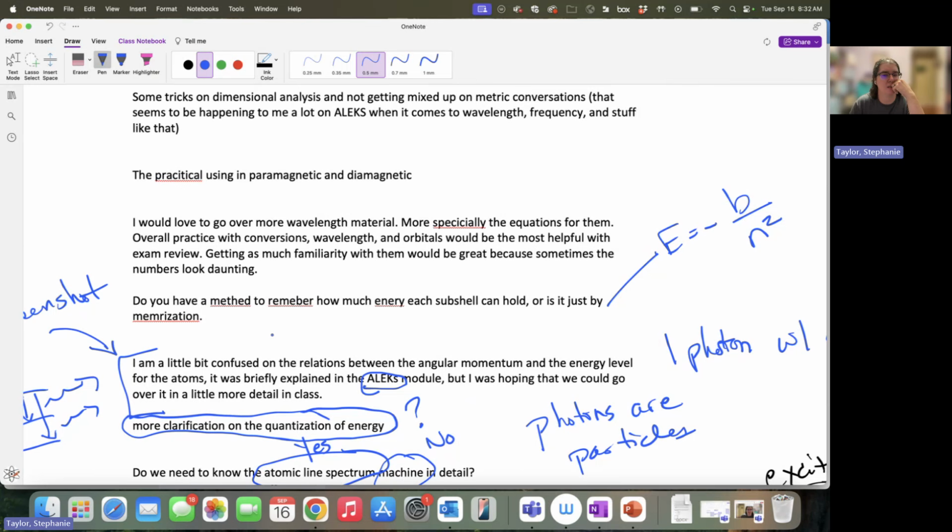I don't think there are any numbers you're going to memorize for individual subshells. I know we only did one example in the exam review, one example of wavelength. I'm going to remind you that you have end of chapter questions.